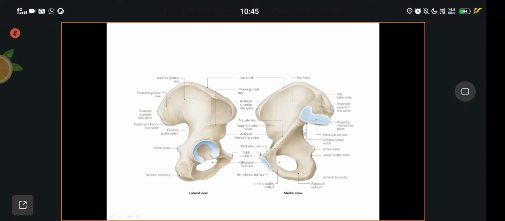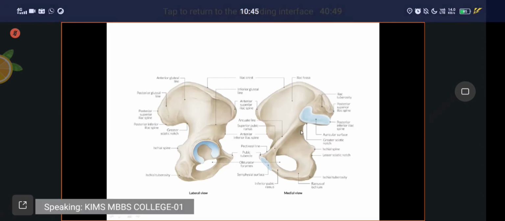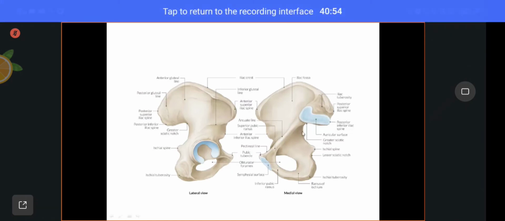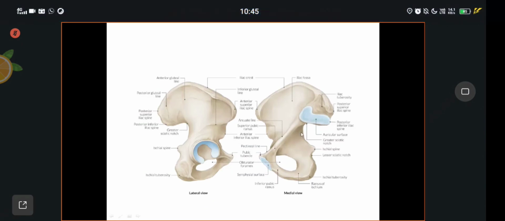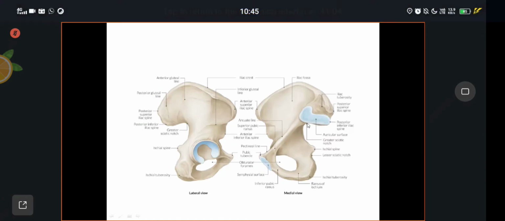You can also see the notch will be greater in which part? In the multiparous woman, because during pregnancy there will be stretching of these ventral sacroiliac ligaments. So this is what the preauricular notch is.